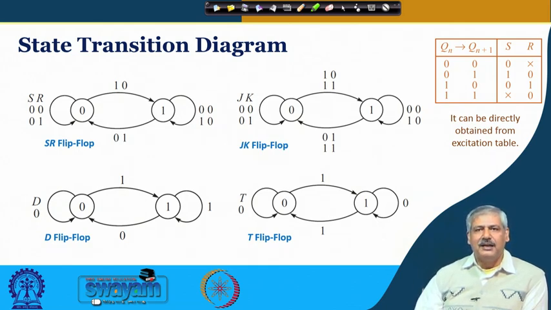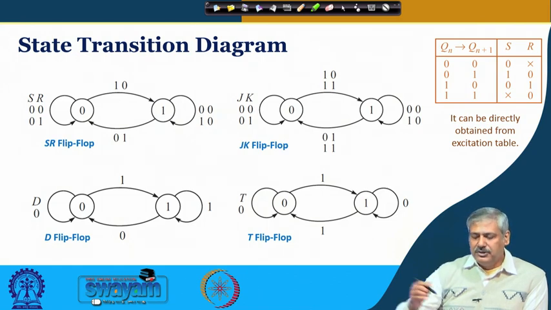Transition means, when the excitation comes at the input, the flip flop can make a transition. So, whether it will make a transition to next state 1, or it will remain in the same state, that is 0 if the present state is 0. That is visualized pictorially in the form of a state transition diagram.